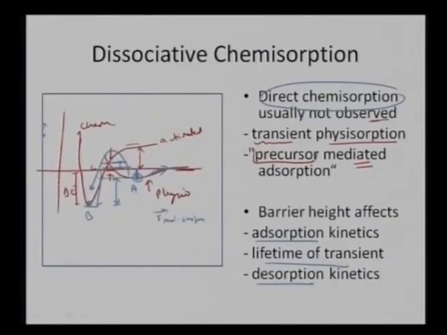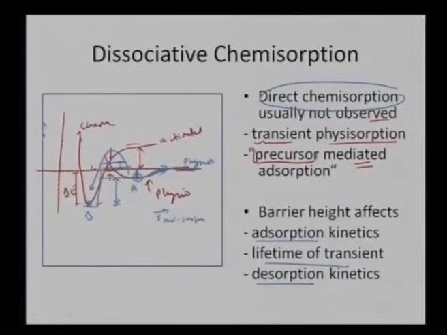So in this particular case, the molecule first has to go under physisorption, and then it has to cross this barrier at this particular junction, and then come to the chemisorbed state in order to lower its energy.